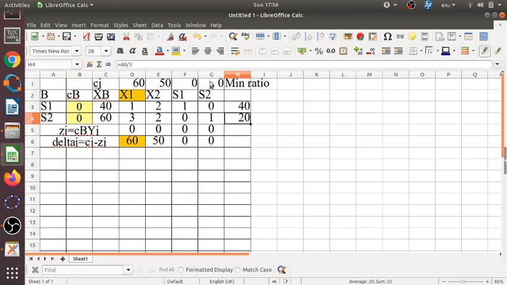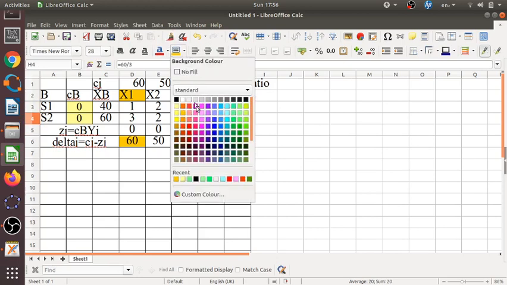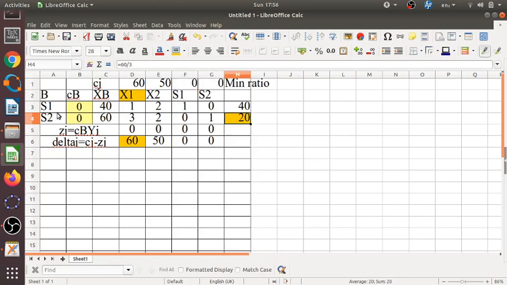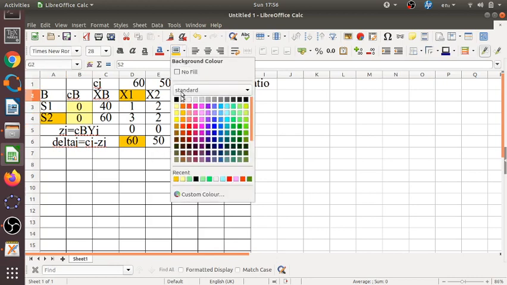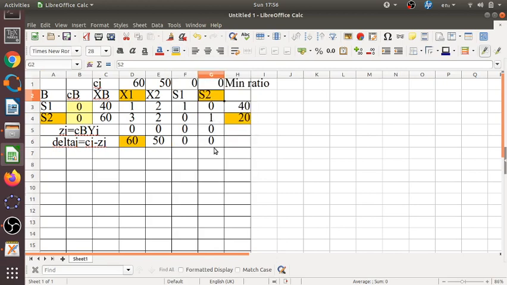So the minimum value is 20. The minimum ratio here is 20, and it corresponds to the vector s2. That means s2 is the outgoing vector, and x1 will take the position of s2.